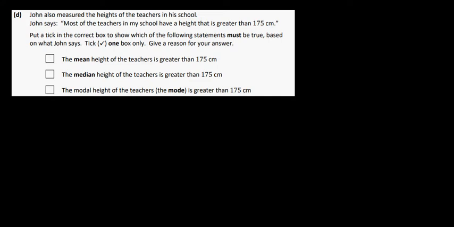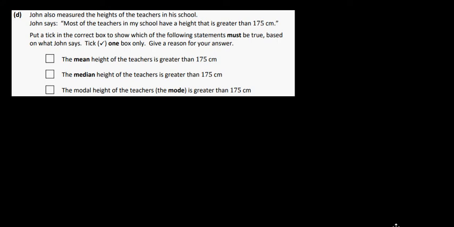The first is the mean height of the teachers is greater than 175, then the median, and then the mode being greater than 175. The statement is most of the teachers in my school have a height greater than 175.